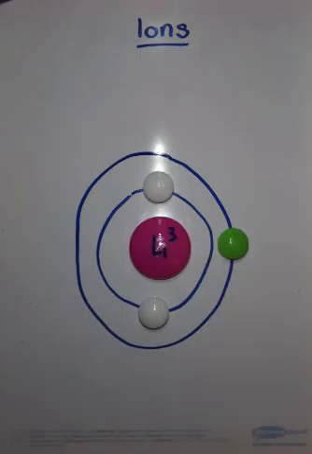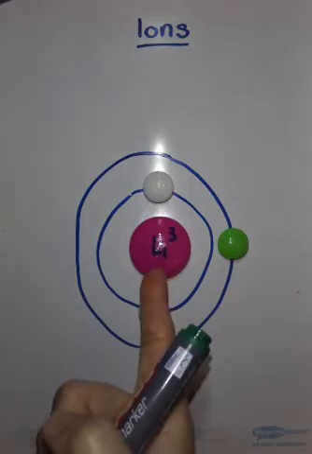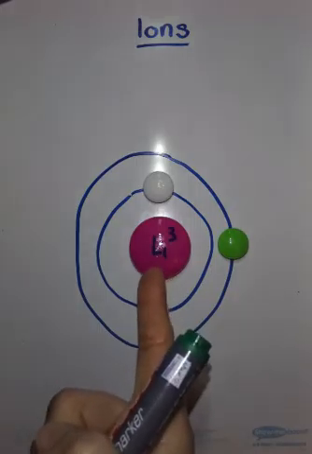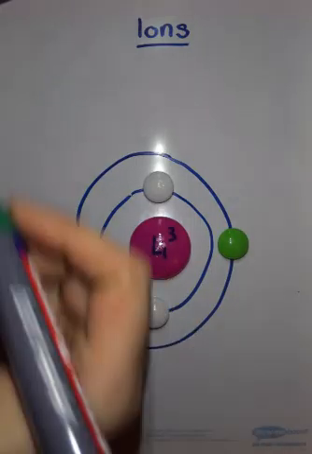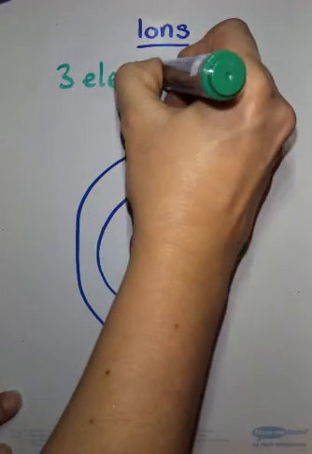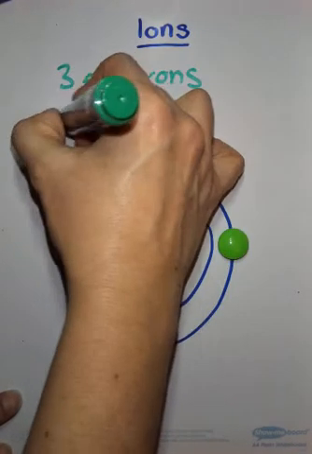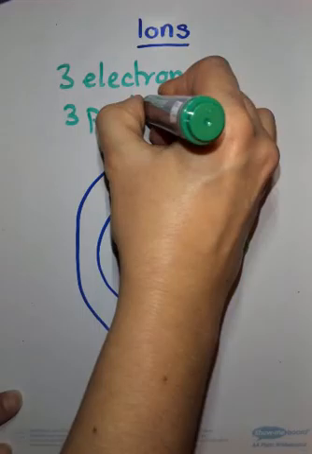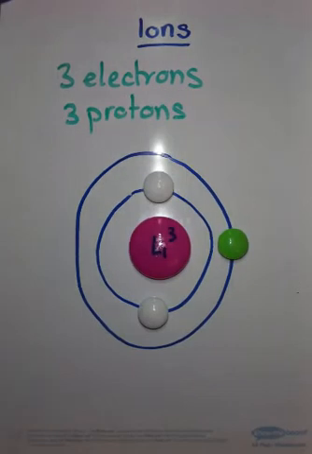Now we do have to think a little bit here about what is going on inside our nucleus again, because the really important thing here is, as well as having 3 electrons, we've also got 3 protons in the nucleus. Now you also have to remember what charges we had on those things.